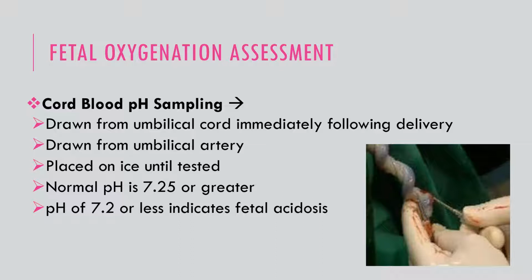So if you've had a patient during labor and delivery who you've had some late decelerations, or they've had a lot of variables on the fetal heart rate tracing throughout labor, the physician might want a cord blood sample, and if it's 7.25 or greater, then that's a good sign, because it means that despite that fetal heart rate tracing that wasn't great, there weren't any true hypoxic events that caused the pH to decrease or the baby to become acidotic.